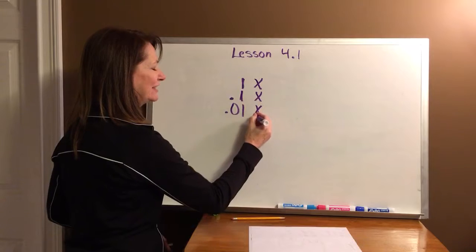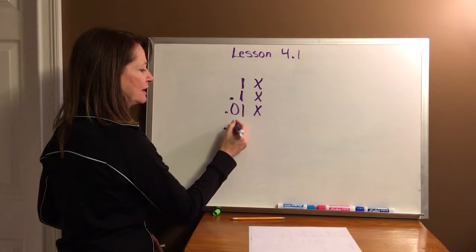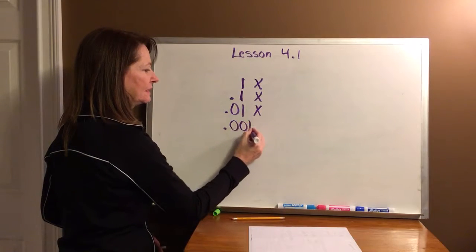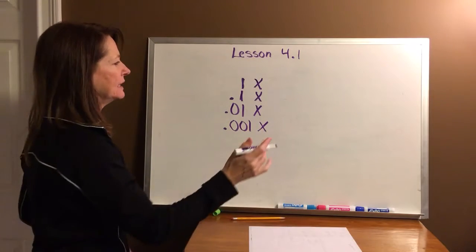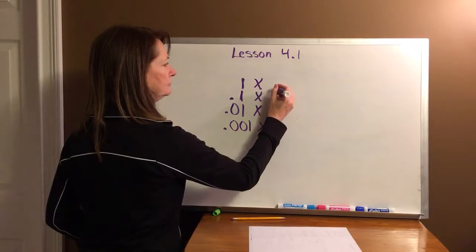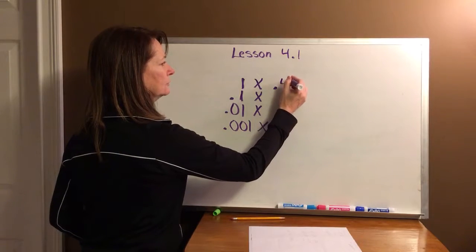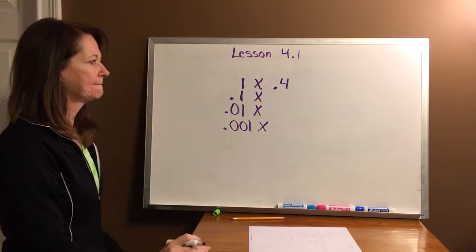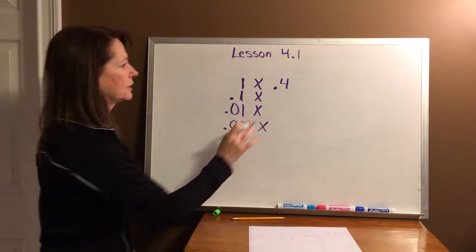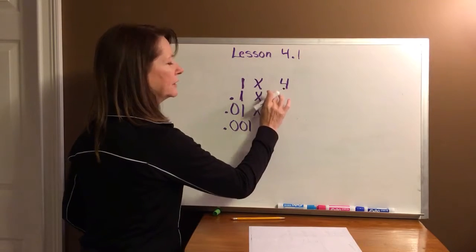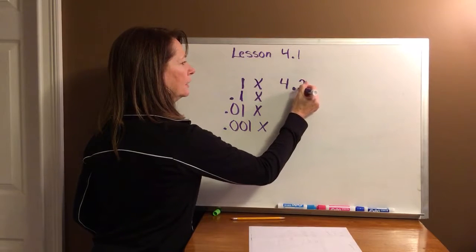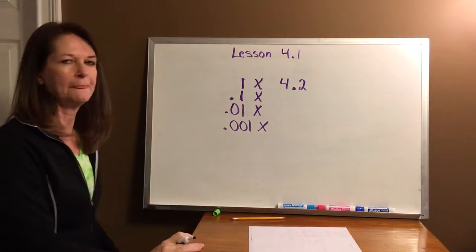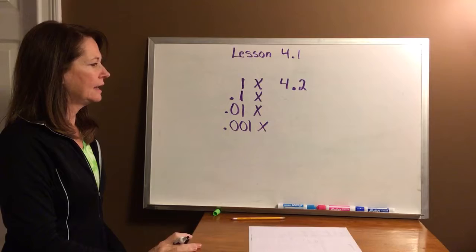Then 100th times, and then we're going to do the 1000th times. Okay, let's just do a small decimal, okay? Let's do 4 and 2/10. There we go.